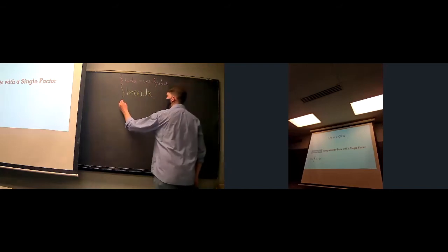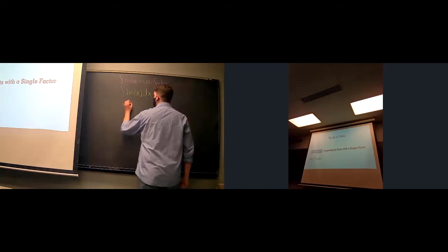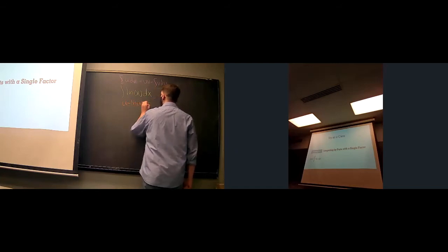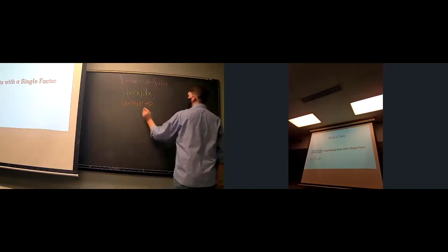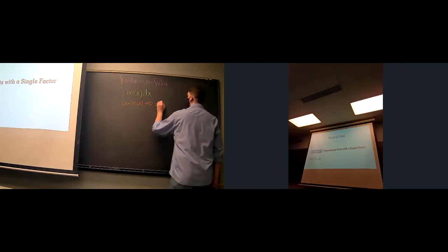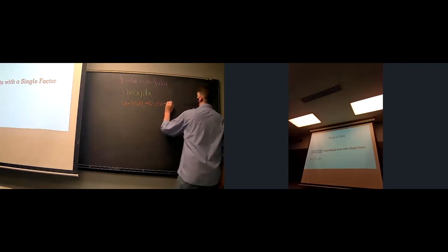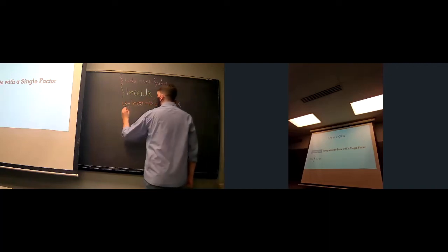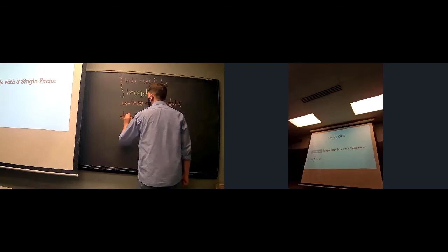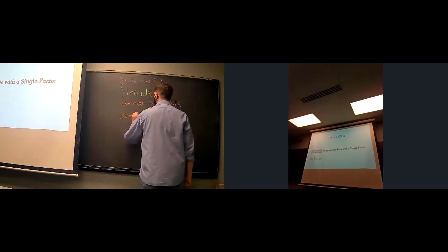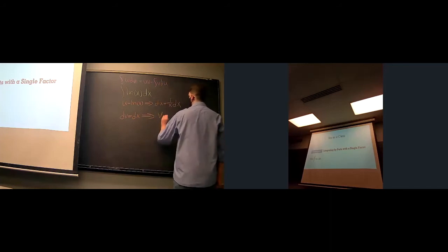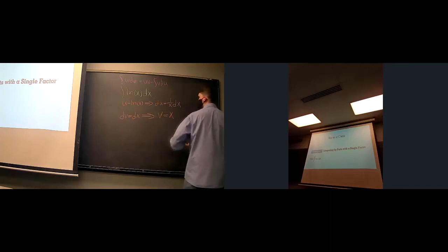Here, our factors are going to be u is equal to ln of x, so du is going to be 1 over x dx. We're saying dv is equal to dx, so v must be equal to x.